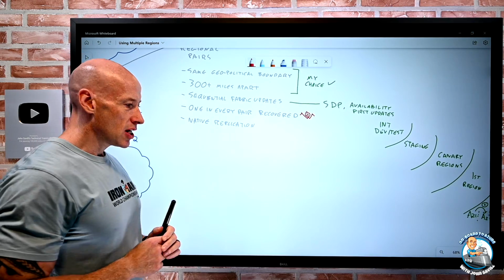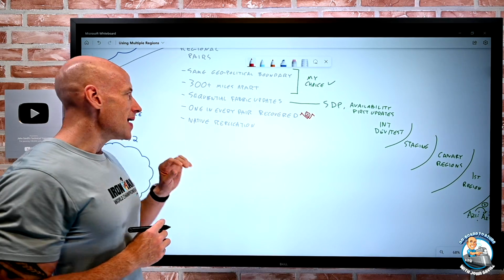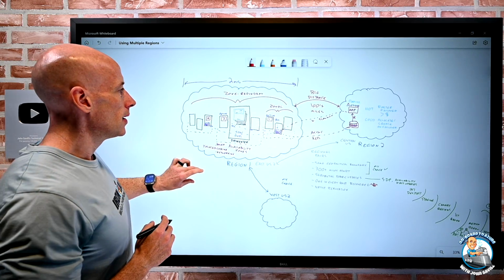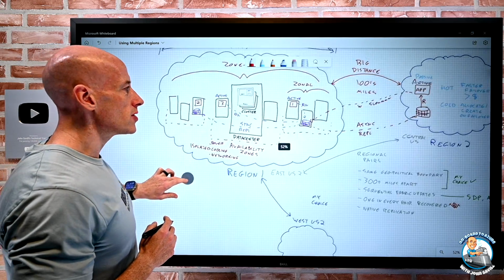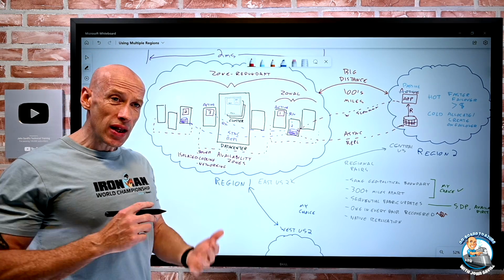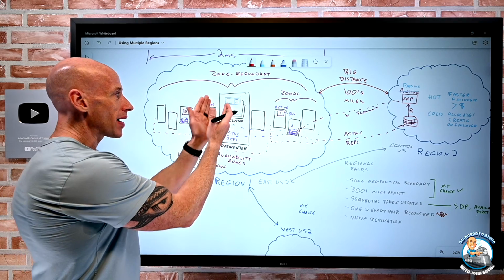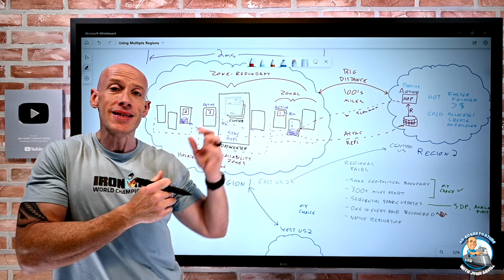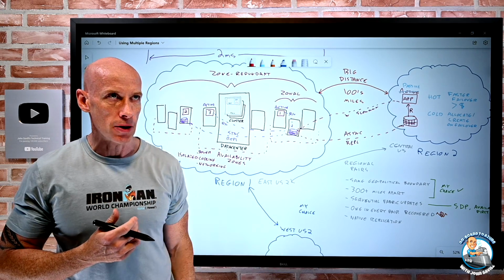Native replication. Now, it's important to understand that in the beginning, there was no concept of availability zones in Azure. And so the only way I could get resilience, even from a cluster problem, was to replicate to another region. There was nothing else I could do within the region.